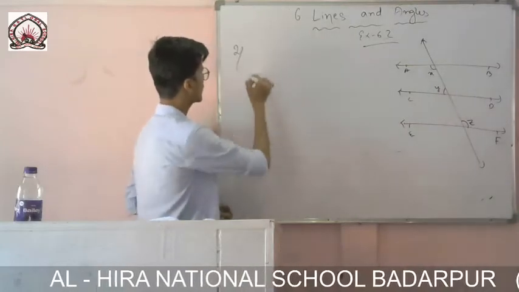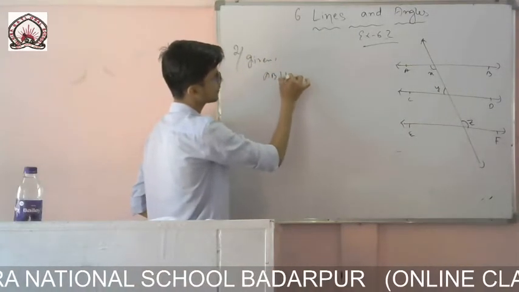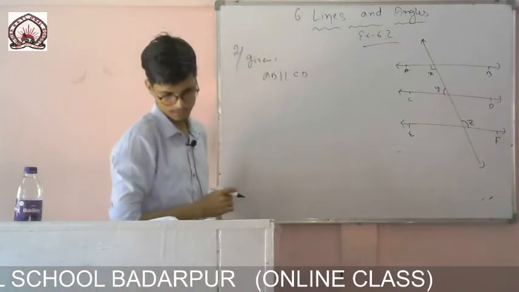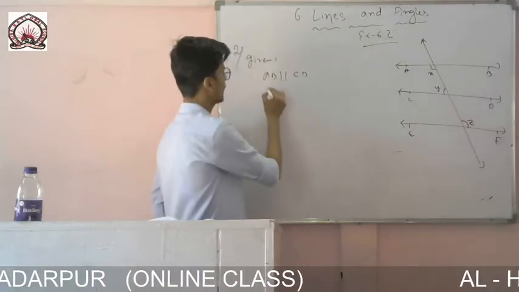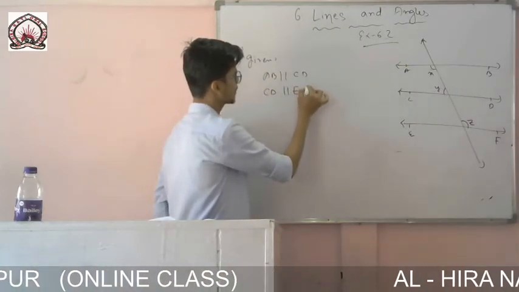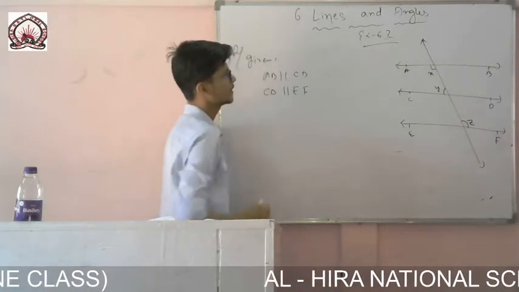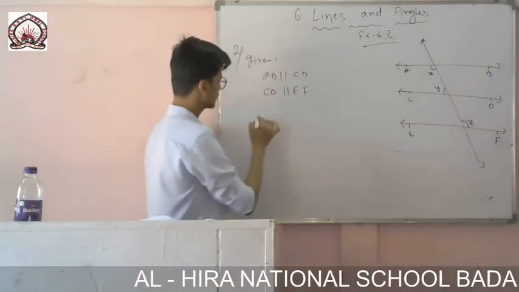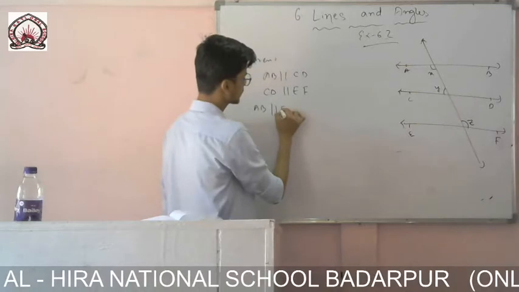So first of all, let me write what is given here. Given AB is parallel to CD, and CD is parallel to EF. If these two lines are parallel to each other, that means AB will be parallel to EF. Therefore AB will be parallel to EF.